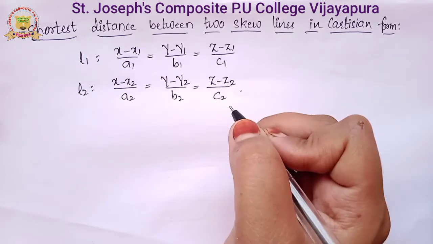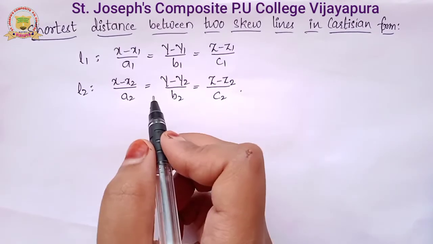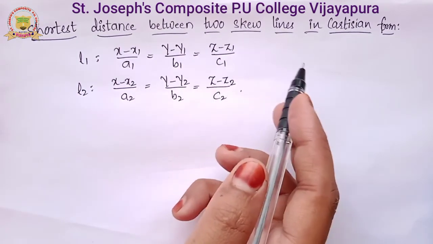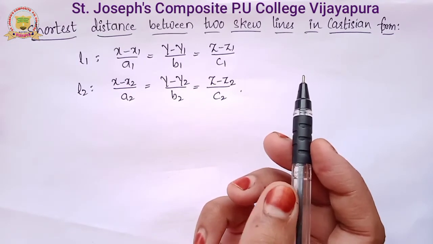So these are the two skew lines. Already we calculated the shortest distance between two skew lines in vector form.